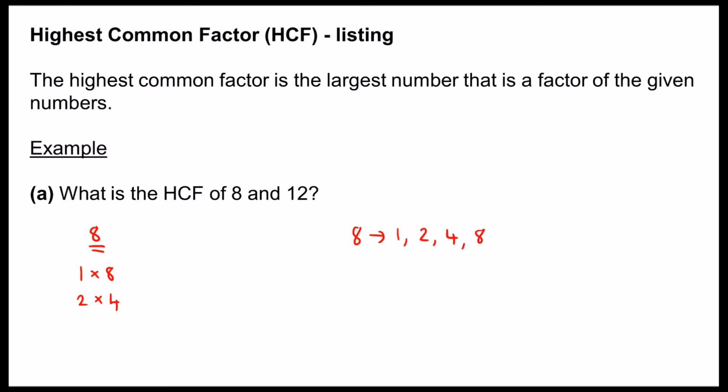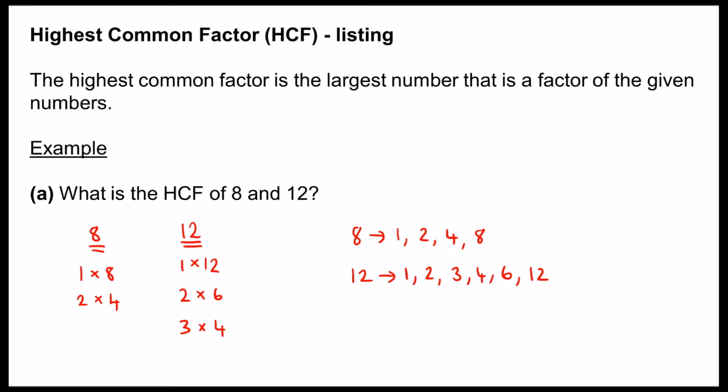If I think about the number 12, I know that the factor pairs of 12 are 1 times 12, 2 times 6 and 3 times 4. That means that the factors of 12 listed out are 1, 2, 3, 4, 6 and 12.